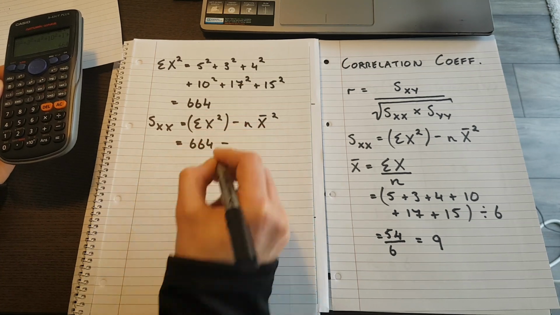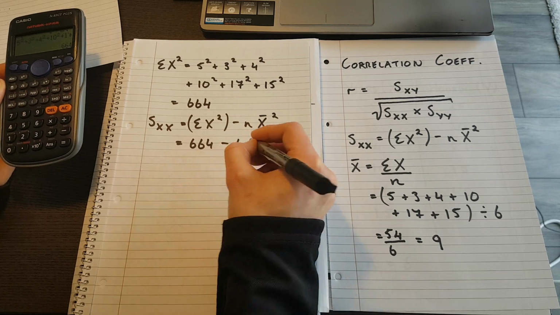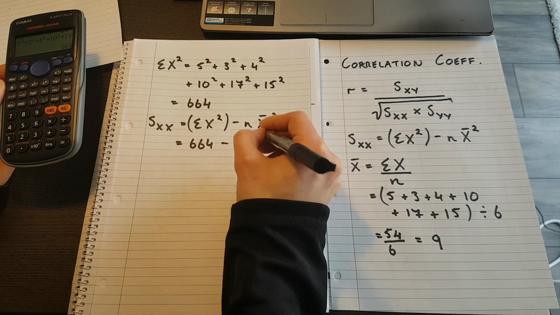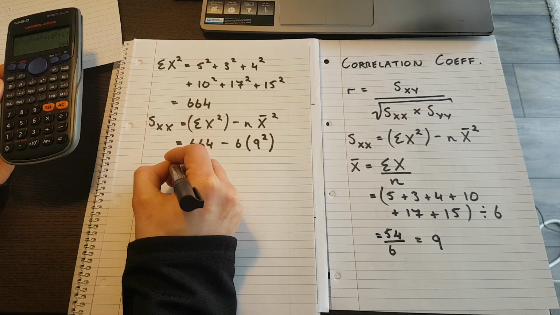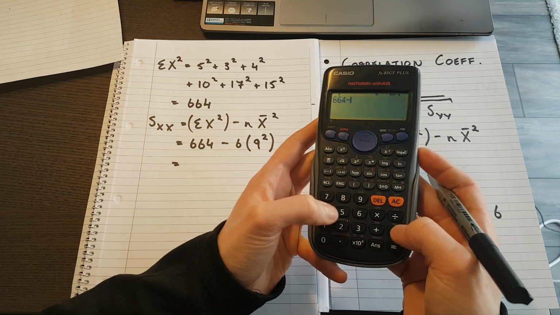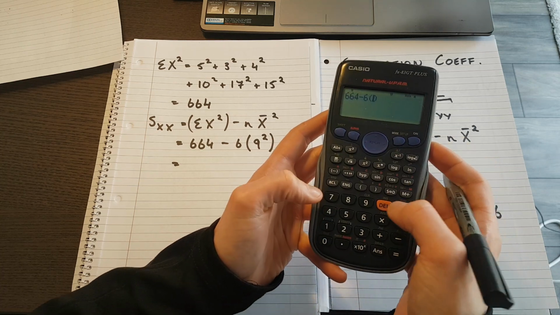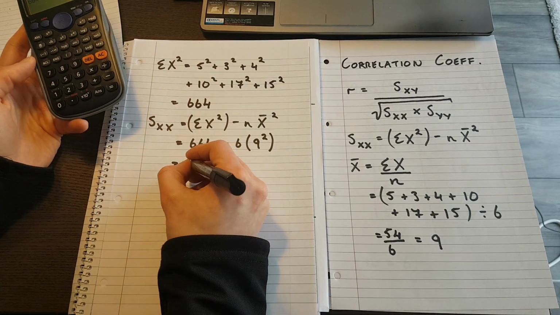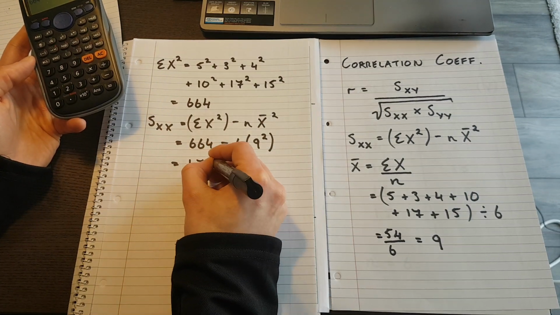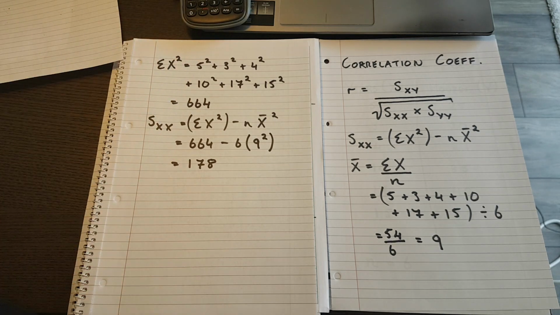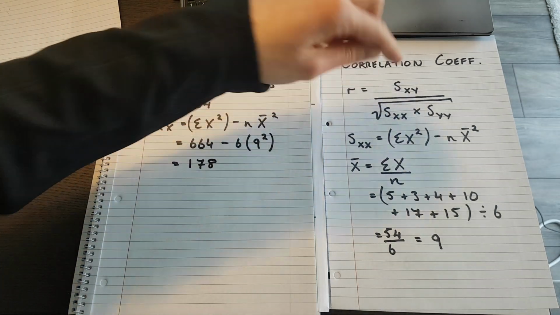I have 6 as my number of points, and my mean, which is 9, gets squared. On my calculator, 664 minus 6 times 9 squared equals 178. So that's the first part done, s of x with x.